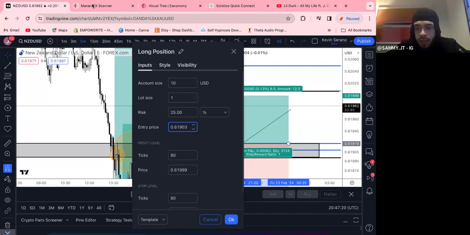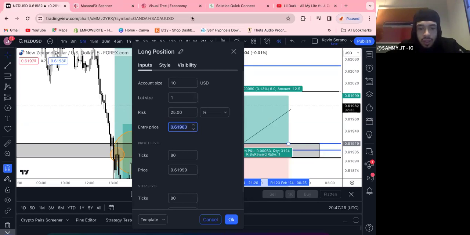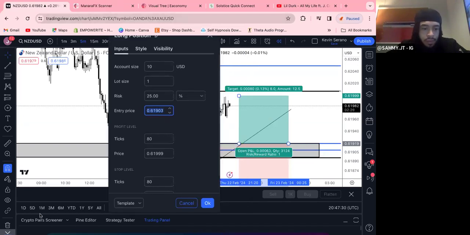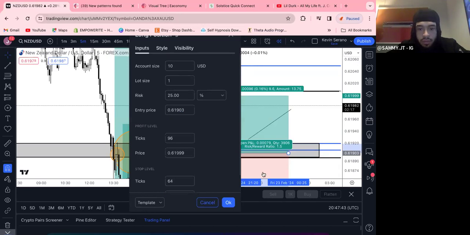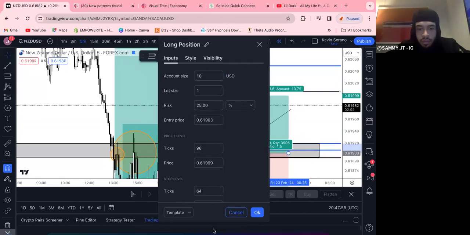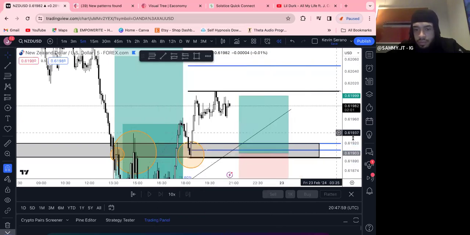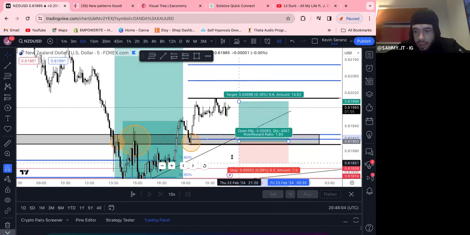Stop loss is 6.1886. So stop loss is, just drag it, 6.1886.